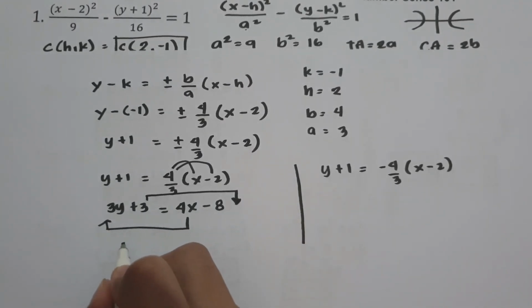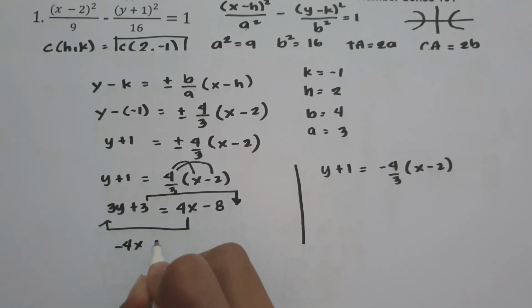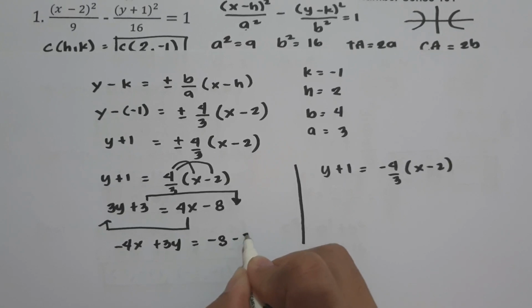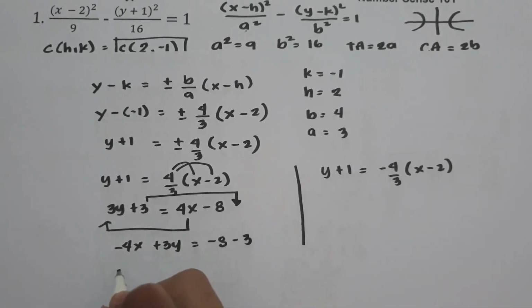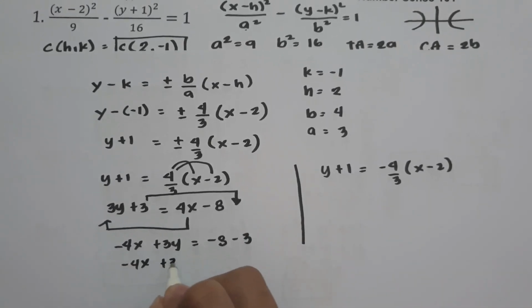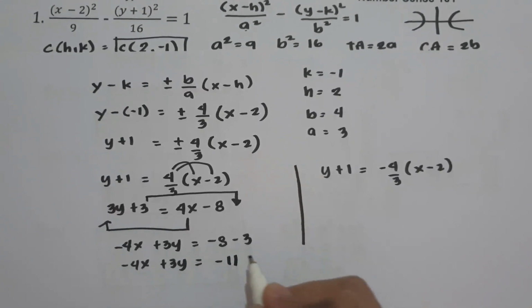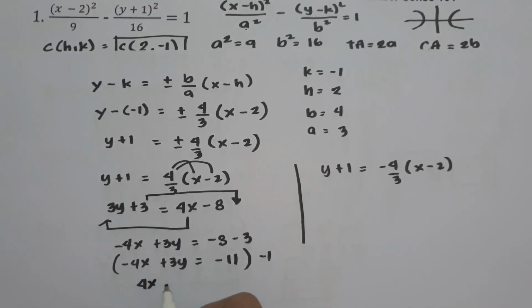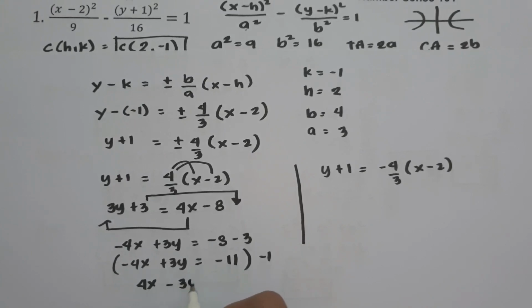It will give us negative 4x plus 3y equals negative 8 minus 3. So let us have negative 4x plus 3y equals negative 8 minus 3 is negative 11. And let us multiply the whole equation by negative 1. It will give us 4x minus 3y equals 11.